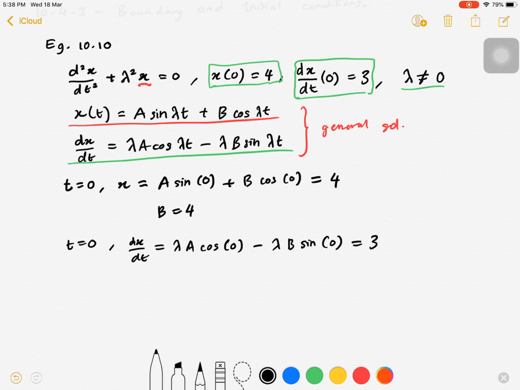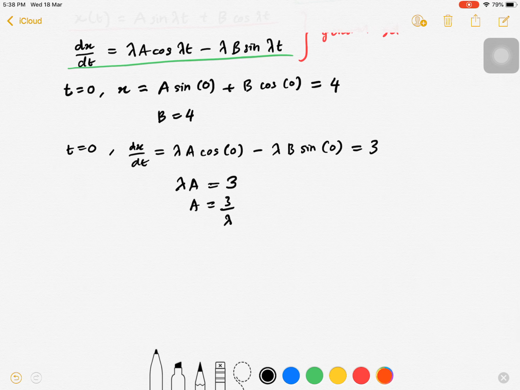So cos 0 is equal to 1, so we have lambda a equal to 3. Okay, so a is equal to 3 over lambda, right?